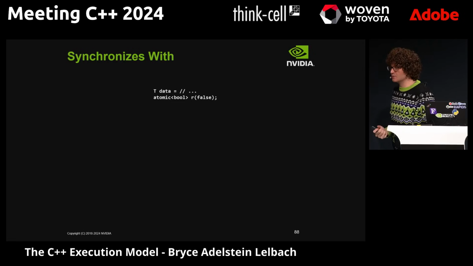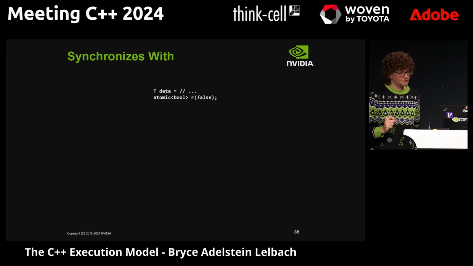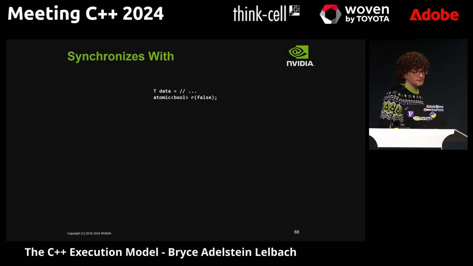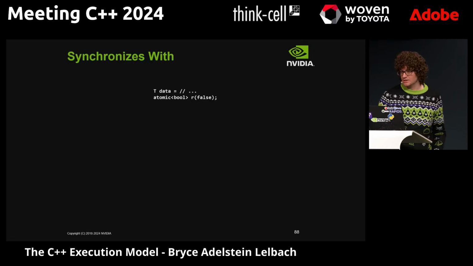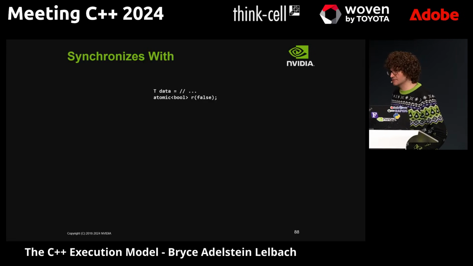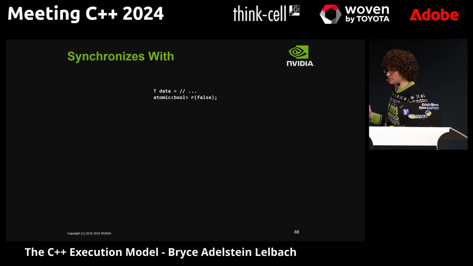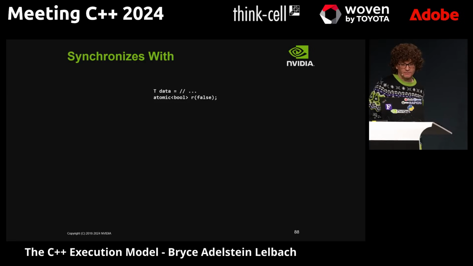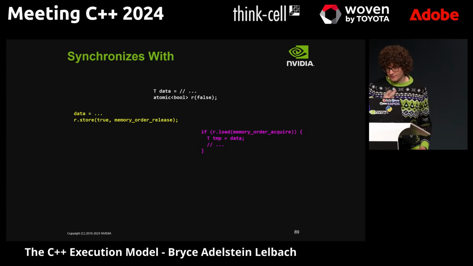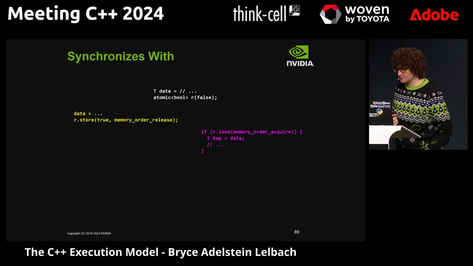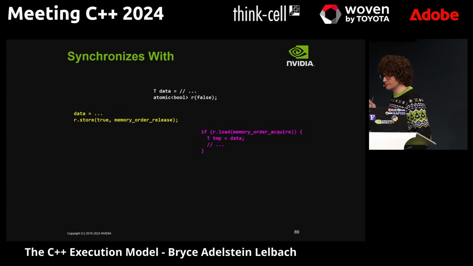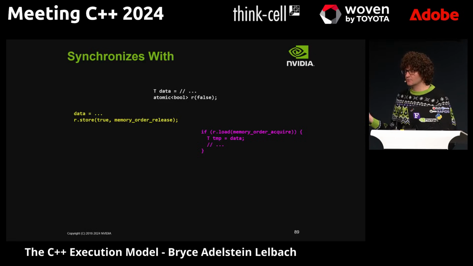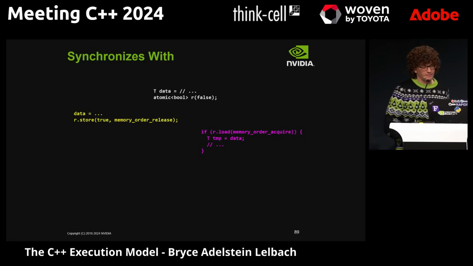So synchronizes with is a runtime relationship. You only have it if the operation observes the result. So imagine that we have 2 threads communicating data with an atomic flag. The first thread does a store to the data and then does an atomic store release to the flag.